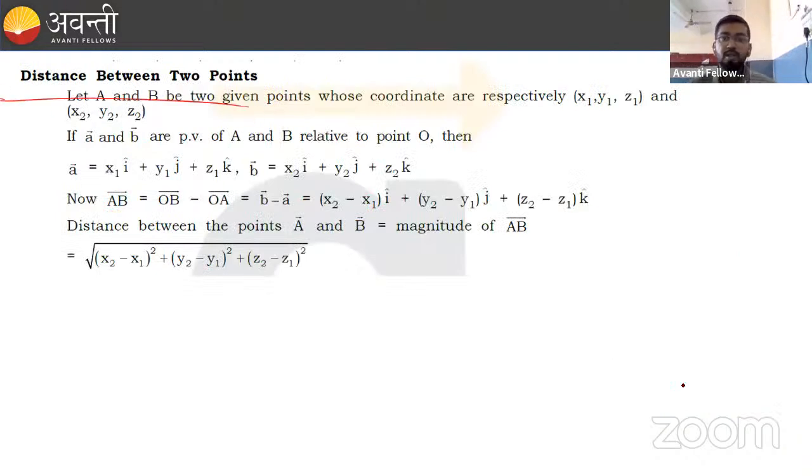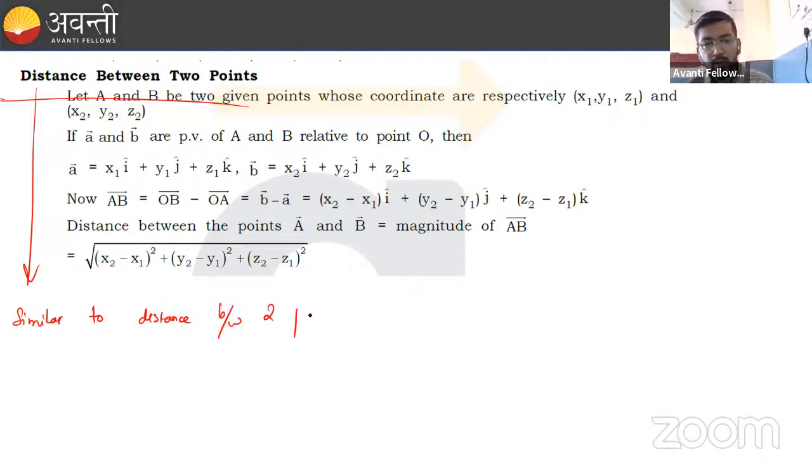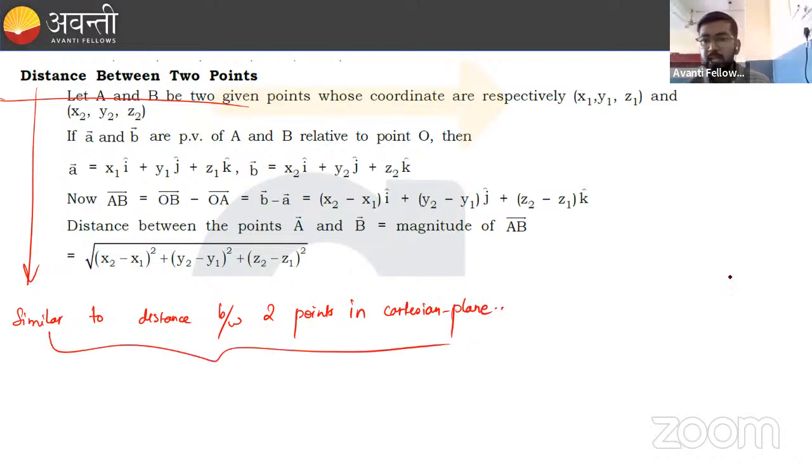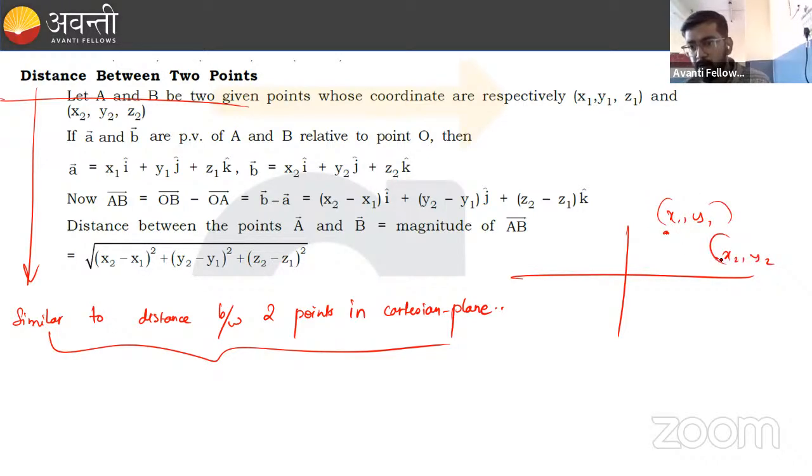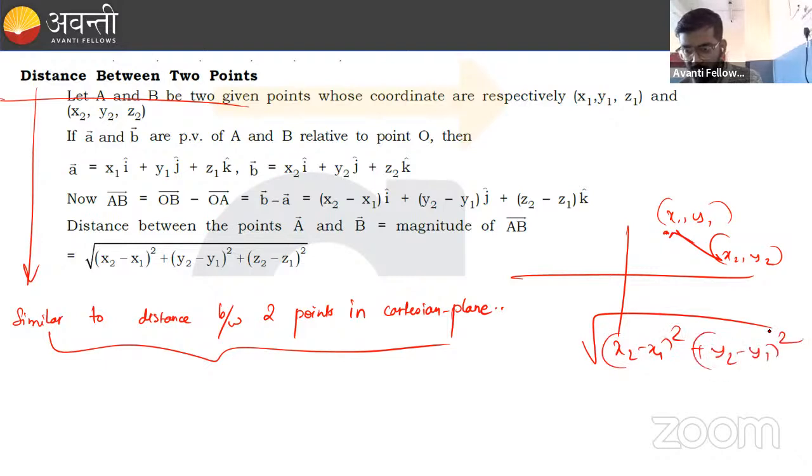Distance between two points is similar to distance between two points in the Cartesian plane. You remember this is x1, y1, and this is x2, y2. The distance between these two points was written as under root of x2 minus x1 whole square plus y2 minus y1 whole square.